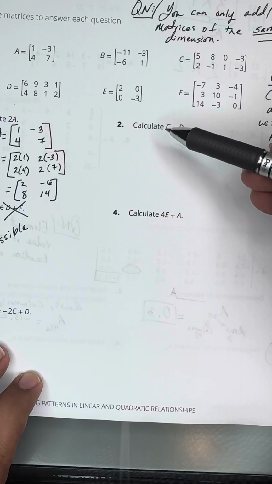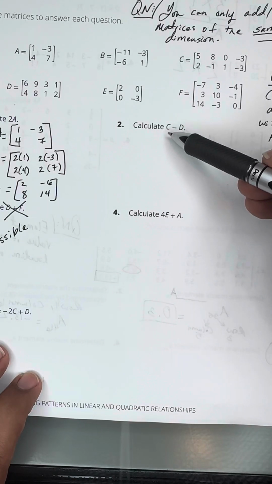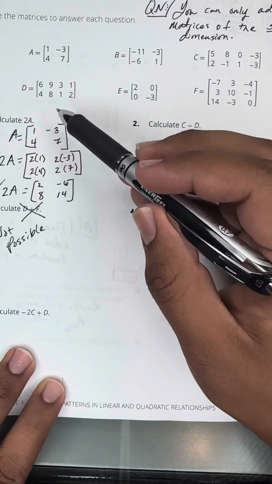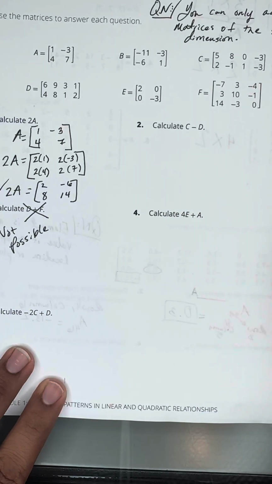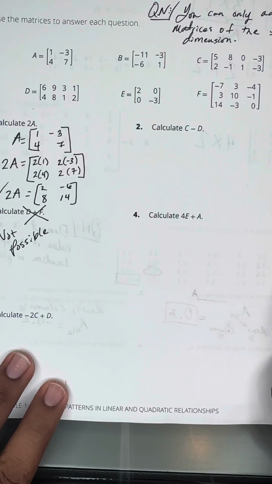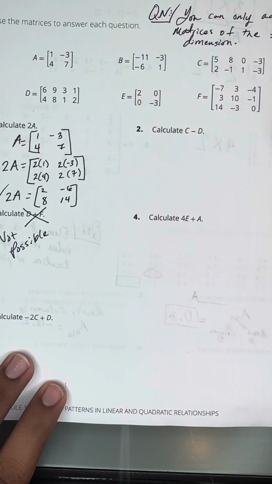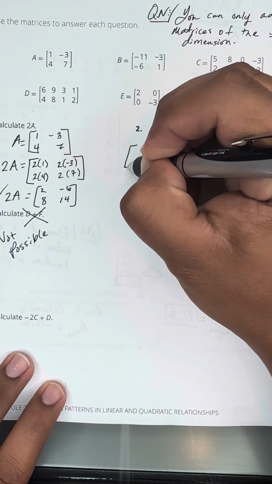Moving on to number 2. Calculate C minus D. Remember, they have to be the same dimension, so let's check it out. C is a 2 by 4. D is a 2 by 4 dimension, so we're okay to subtract. I'm not gonna write C minus D all out, I'm just gonna write the matrix real quick.